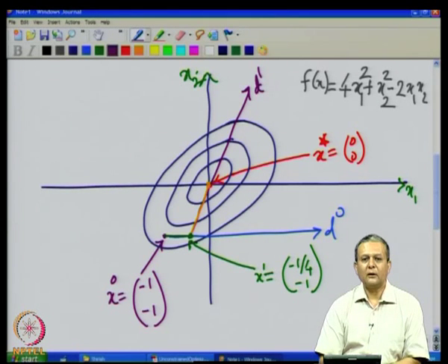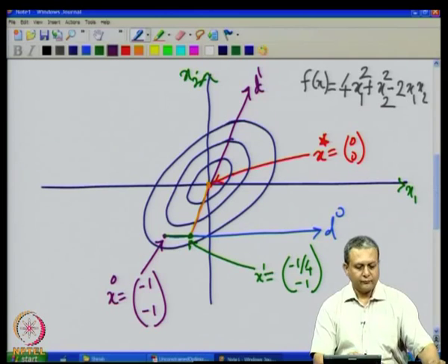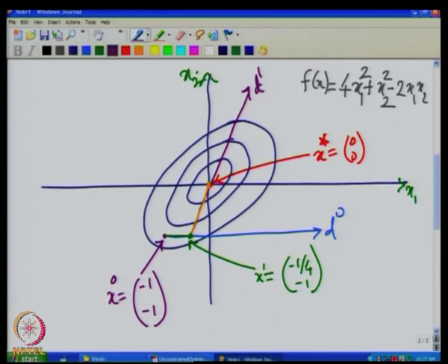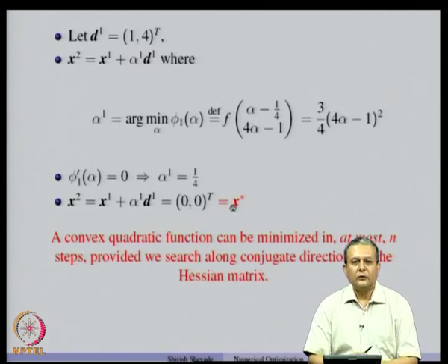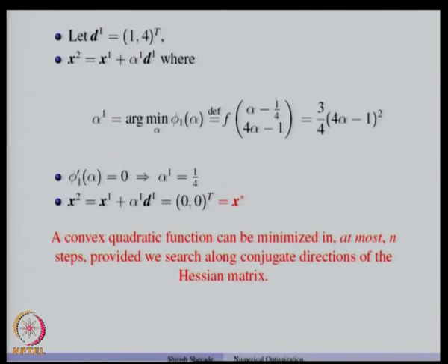So, this method required at the most 2 iterations to reach the solution. This is a very important point. In two steps we got the solution x star. So, in general we can say that a convex quadratic function can be minimized in at most n steps, provided we search along conjugate directions of the Hessian matrix.